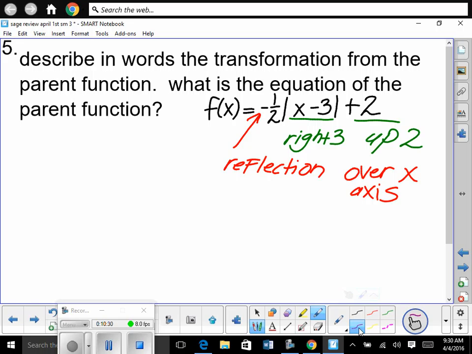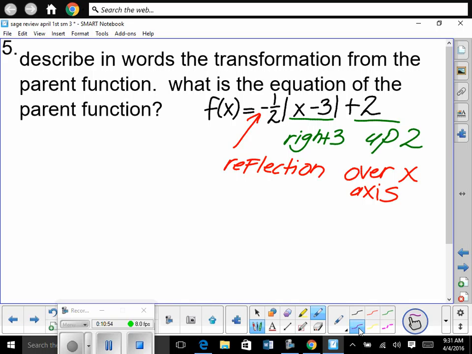Our a value is 1/2. If your a value is less than 1, it's a compression. If a is greater than 1, it's a stretch. Stretches it up. So our absolute value sign, guys, we have a 1/2. Does everybody understand that it's less than 1? Now you don't look at the negative. The negative doesn't count because some people will say, well, negative 3 is less than 1, so it must be a compression.